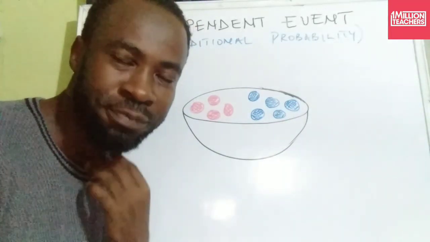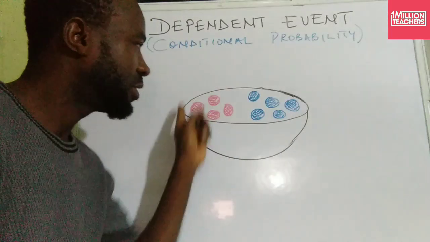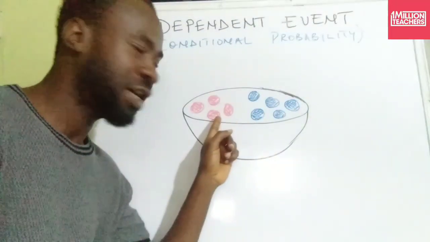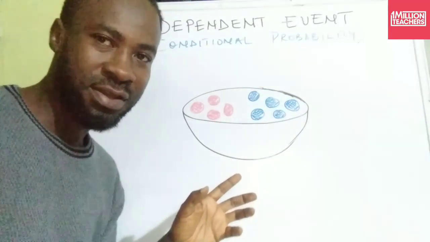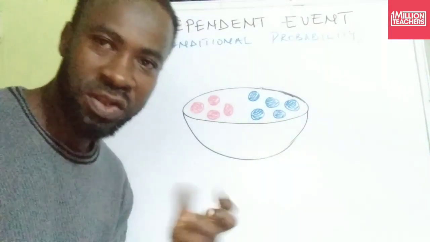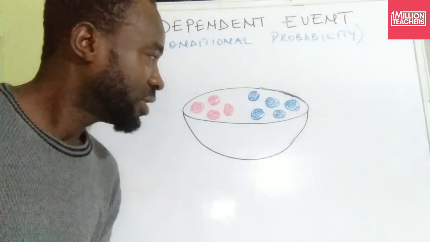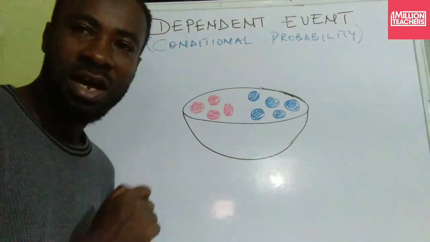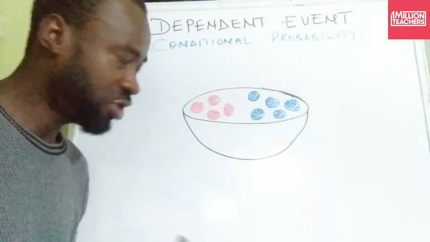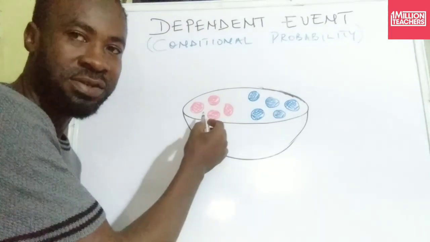So, for example, if we have five blue balls and four red balls here, okay, and I'm to pick two balls one after the other from this bowl. Now, without replacement, if the first ball I'll pick is a blue, my probability is going to be, remember we have five blue balls here and four red balls.